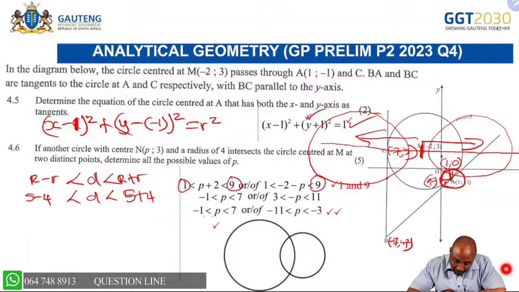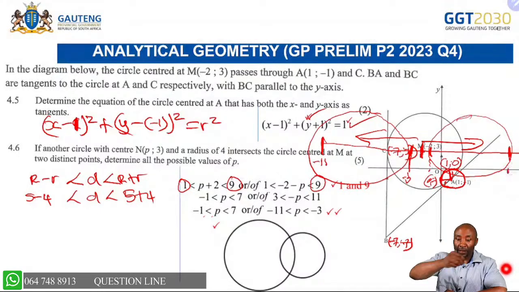Now, remember, that's where we have our x as -3 somewhere here, up until we get to our -11 that side. So it means our circle can be there, or from -1, our x can be -1 until we have our x as +7 there. The circles are going to be intersecting in that particular case.